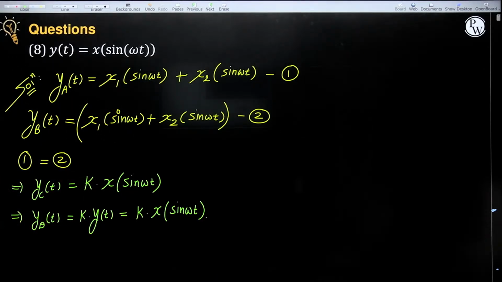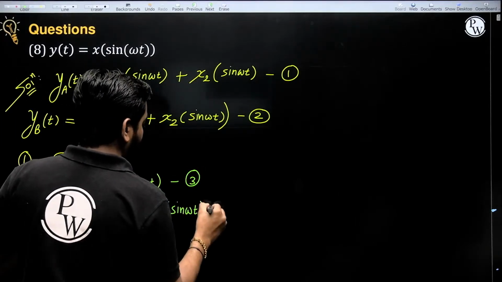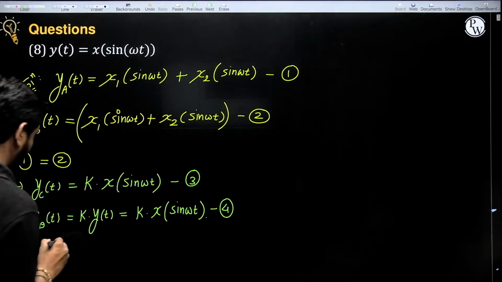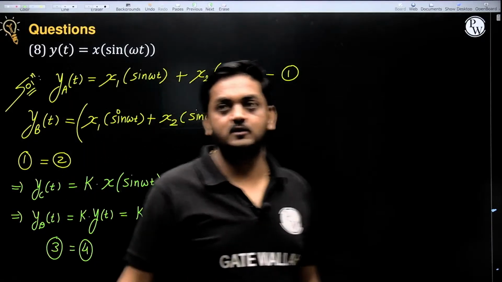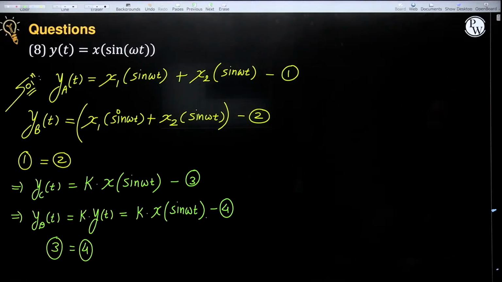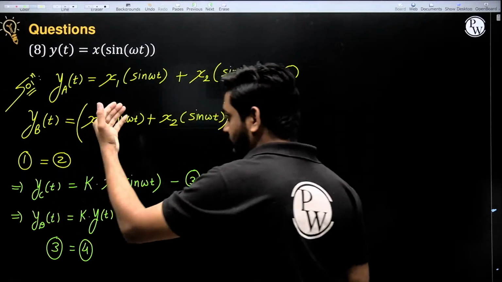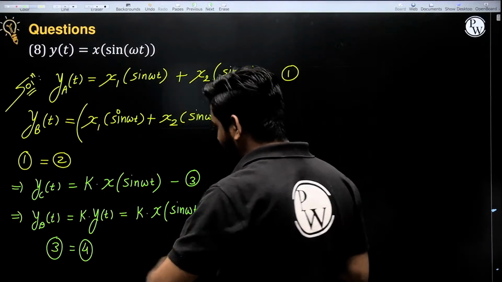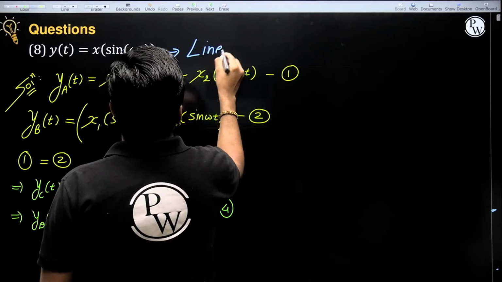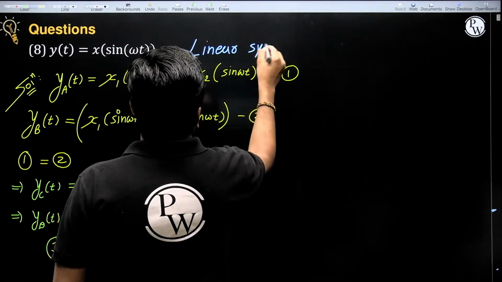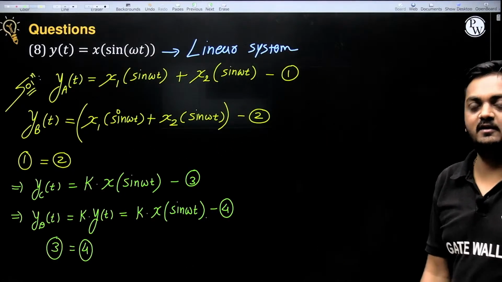This is number 4. So 3 is equal to 4. So again this system is a linear system. It satisfies both the principle of superposition and the principle of homogeneity. That's why again it is a linear system.